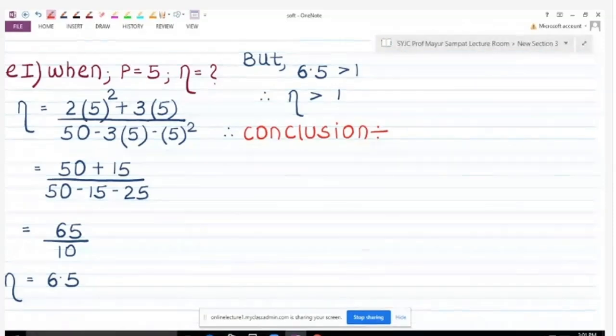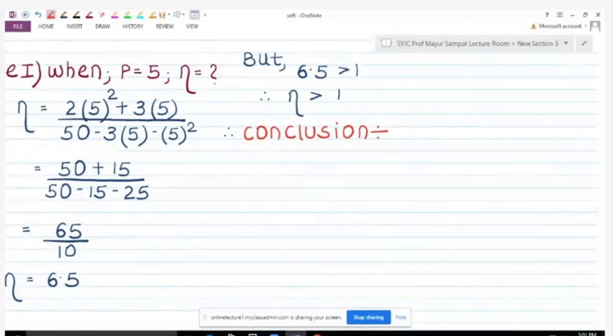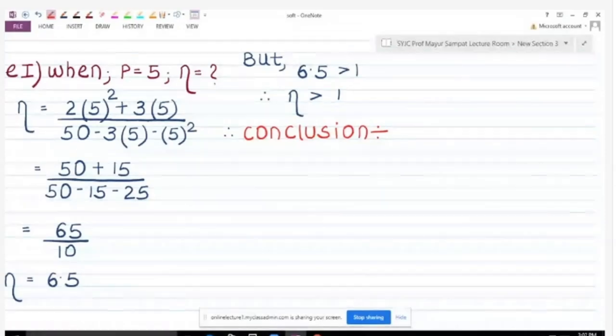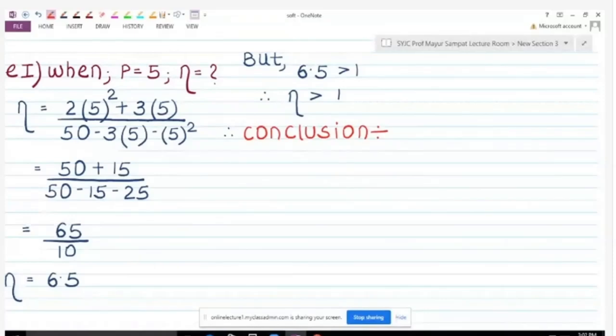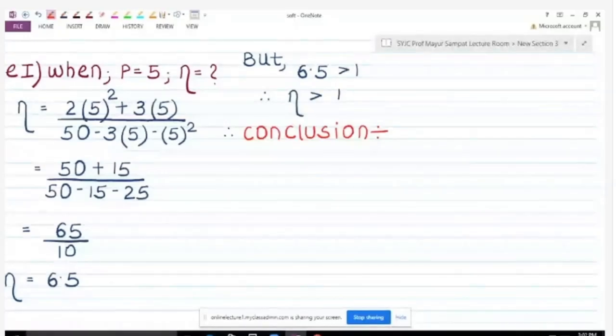The demand is relatively elastic when the price is 5.